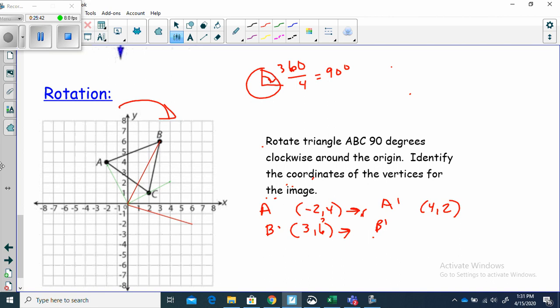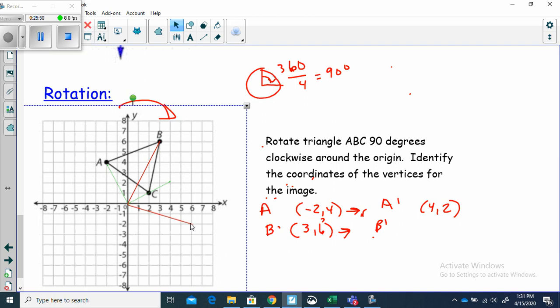I put that in the wrong spot, didn't I? Hold on, let's fix that. There we go. That's it. 6, -3.